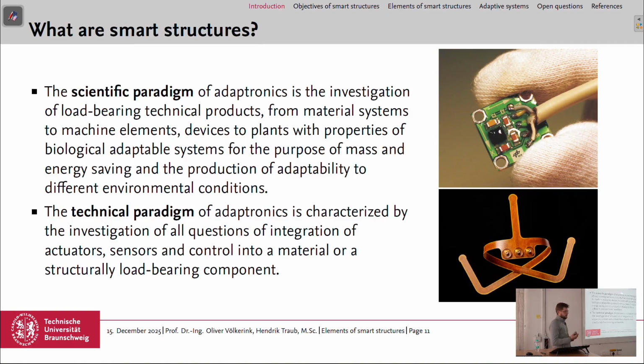So we can state a scientific paradigm of adaptronics, which is the investigation of load-bearing technical products, from material systems to machine elements, devices to plants, with properties of biological adaptable systems for the purpose of mass and energy saving and the production of adaptability to different environmental conditions.